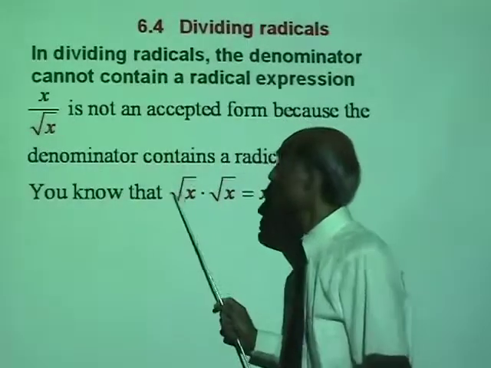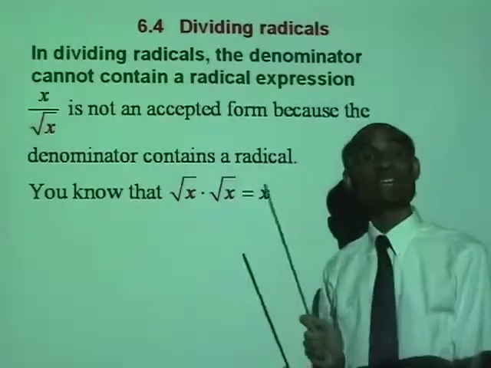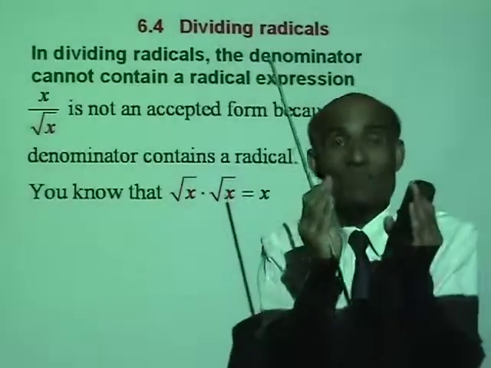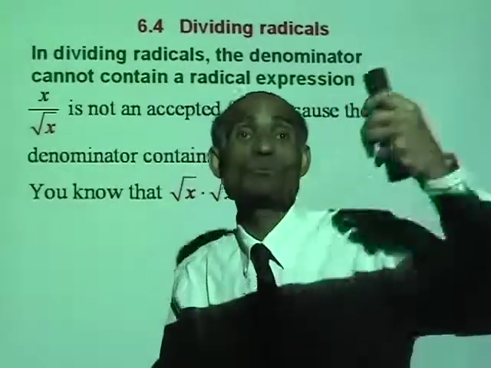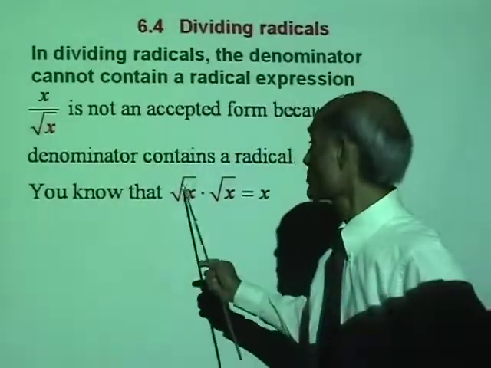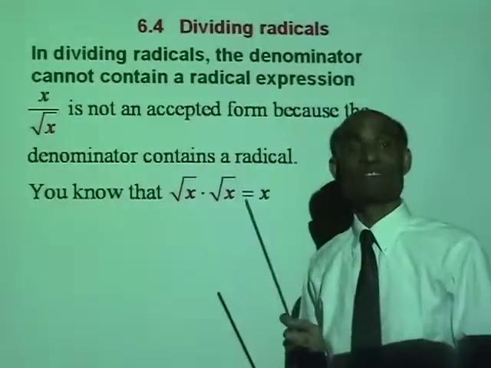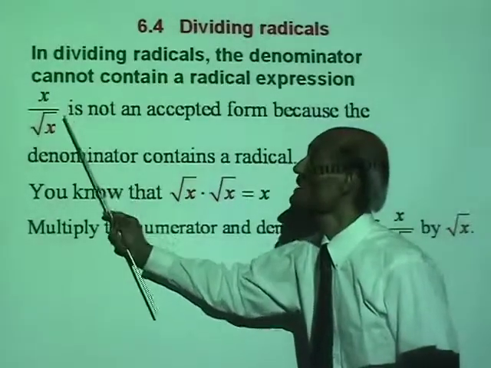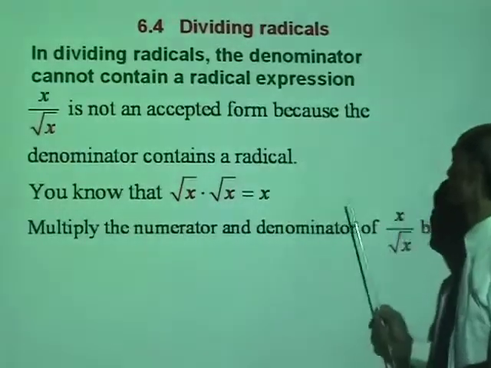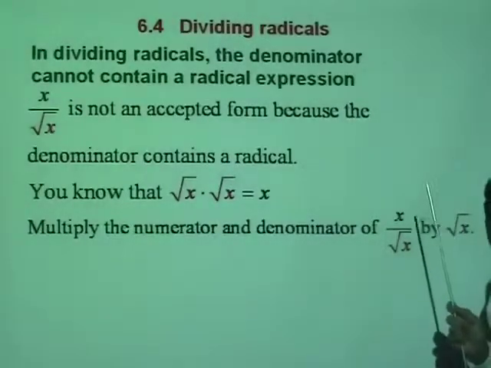So you know that square root of x multiplied by square root of x is x. A radical expression multiplied by itself will remove the radical sign. Square root x times square root x equals x. So what do we do? Multiply the numerator and denominator of this expression by square root of x.